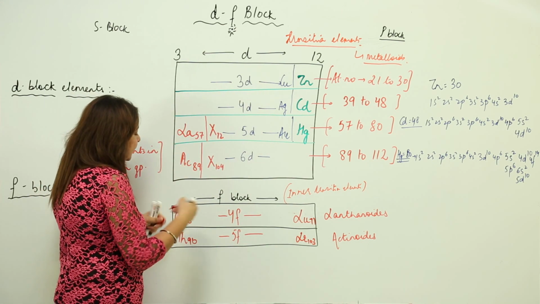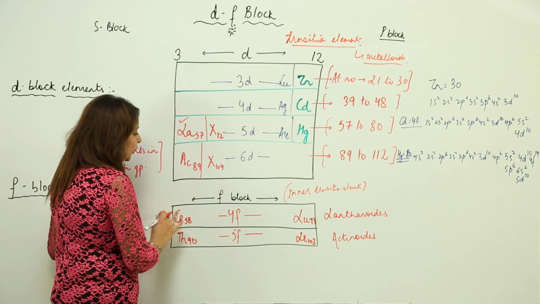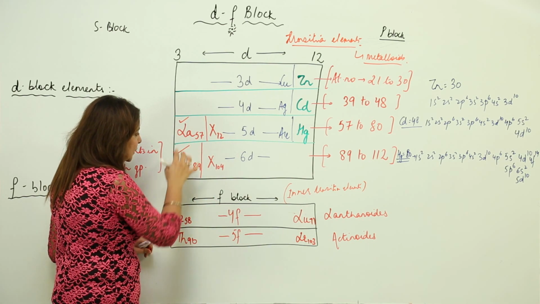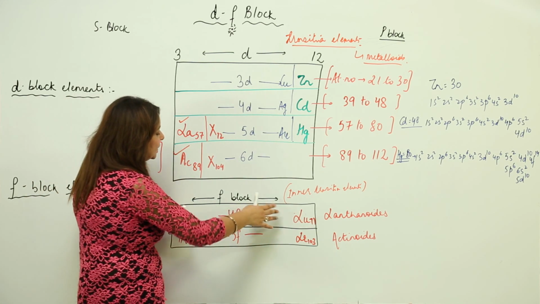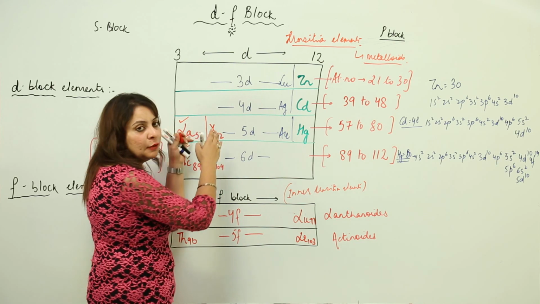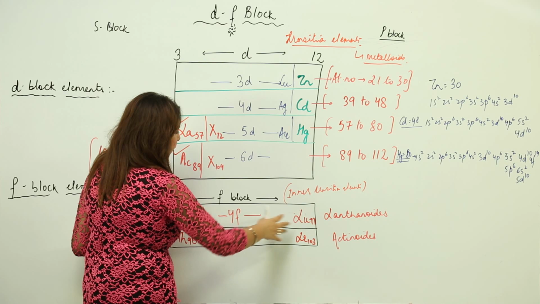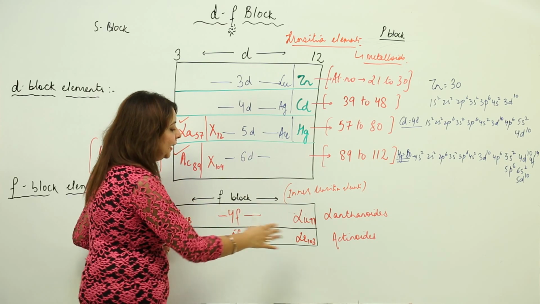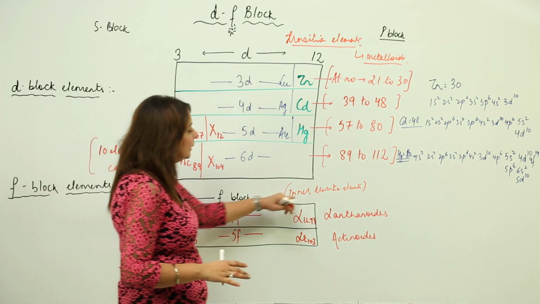See here, the inner transition elements start from lanthanum, the first series, and the other series starts with actinium. So these elements actually belong to this place, but they are squeezed up and placed at the bottom of the D block, in separate periods. That is why their name is inner transition elements.